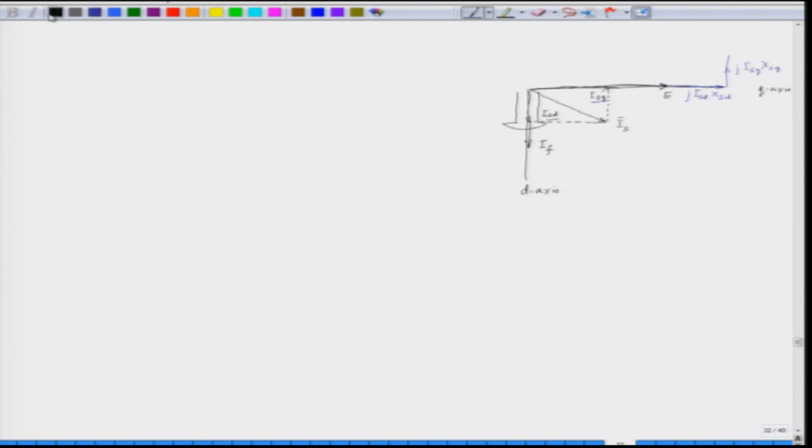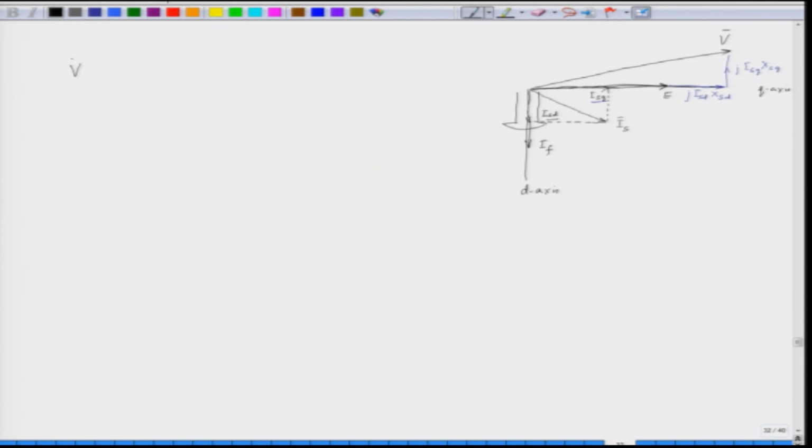If we join these two phasors, we get the total voltage. So, the voltage V is given by the vector sum of E, j I_sd X_sd, plus j I_sq X_sq.